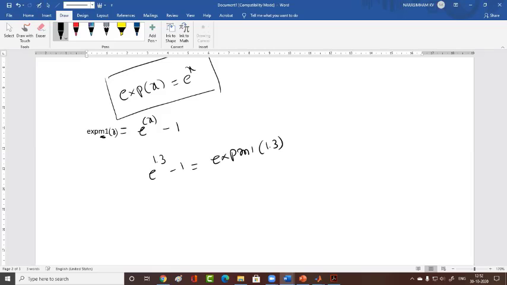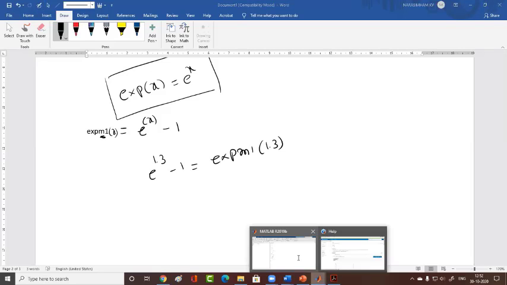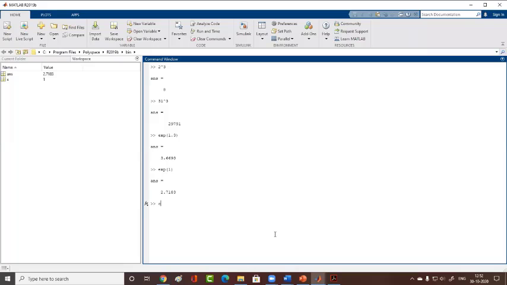Okay, I will show you. Clear the command window. Just 1 minute. In the next class, I will increase the font size also. expm1 of 1.3. So 2 point something.